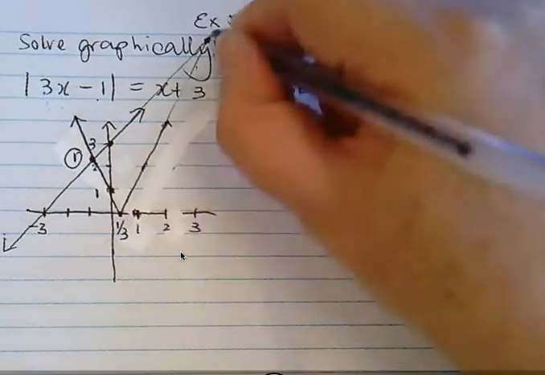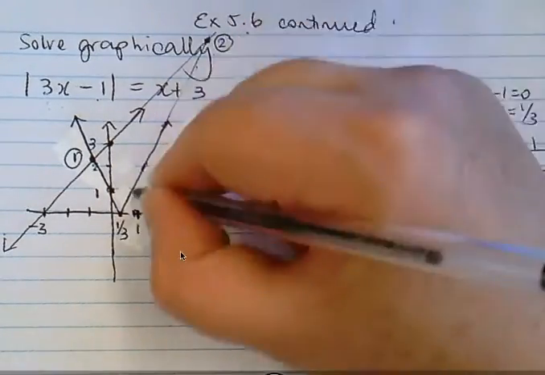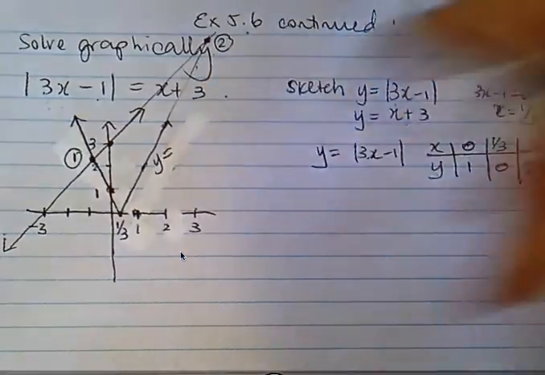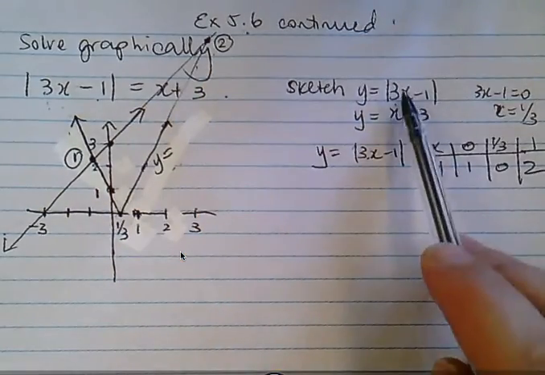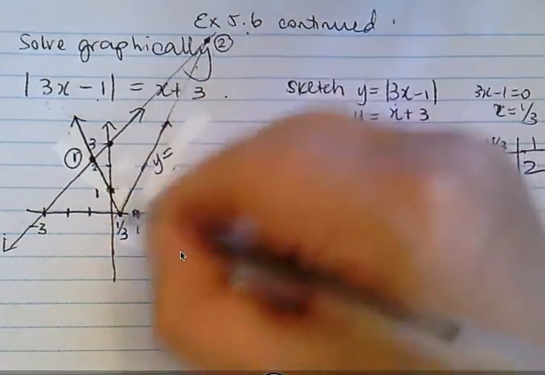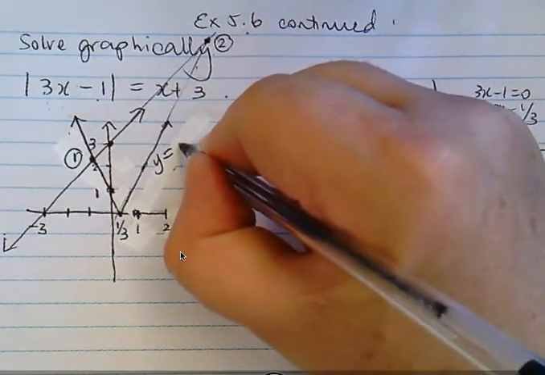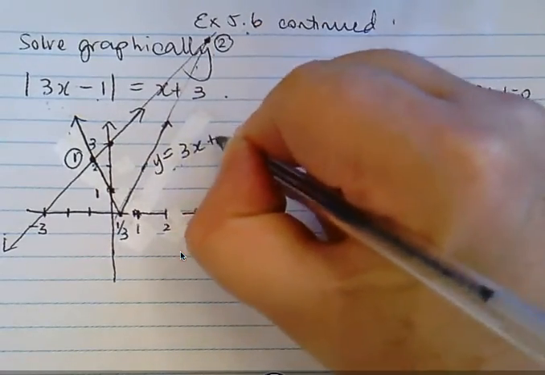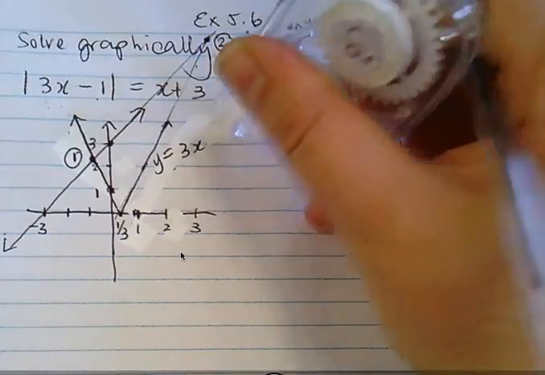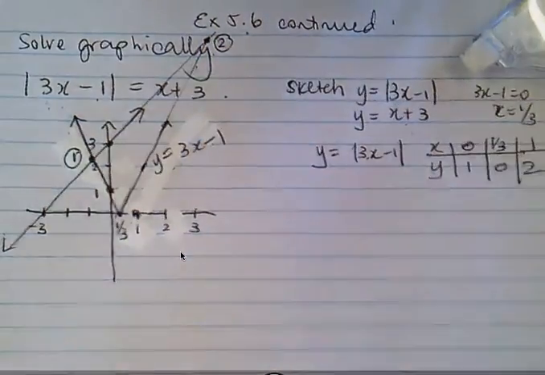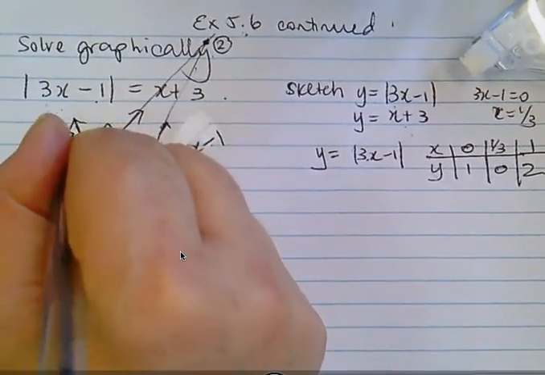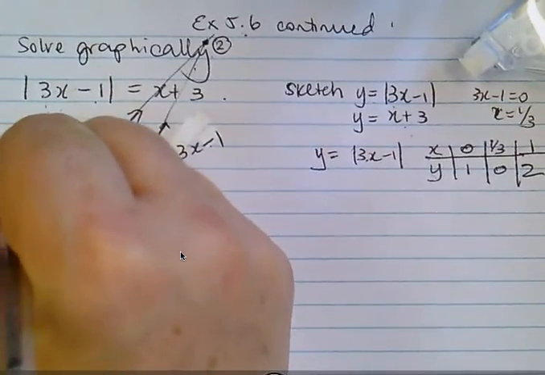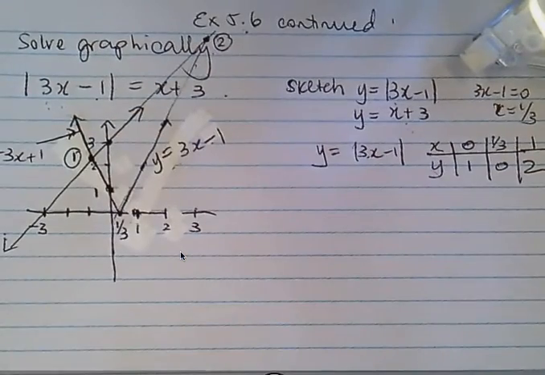So what is the graph of this line here? Remember, this is the function y equals the absolute value of 3x minus 1. What is the equation of this line? y equals 3x minus 1. And the equation of this other line is y equals -3x plus 1. Okay?